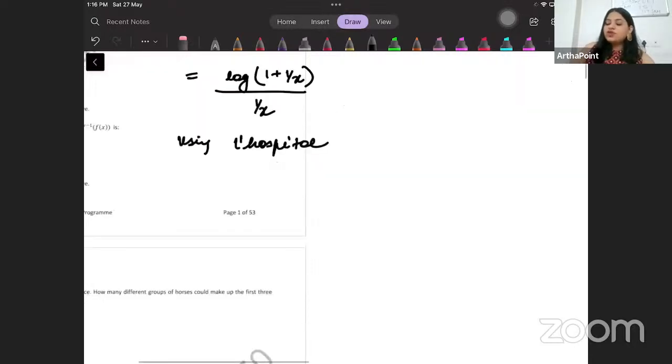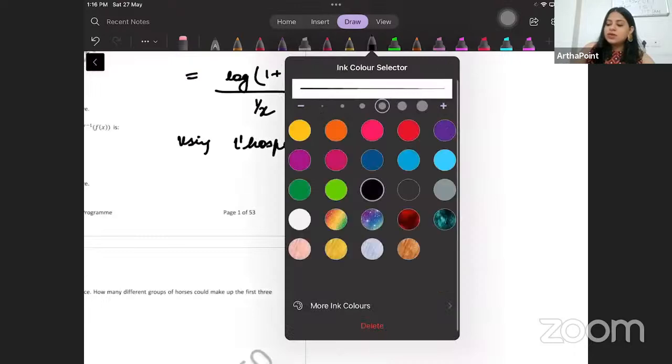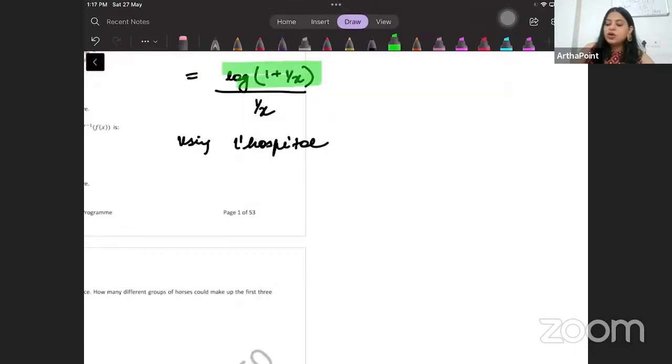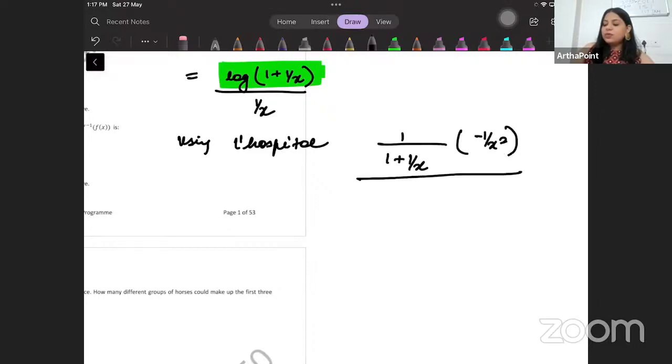When I differentiate the numerator, beta, what will I get? I will get 1 upon 1 + 1/x, and differentiation of 1/x will be minus 1/x^2, and the denominator will be minus 1/x^2, right? Differentiation of 1/x will be minus 1/x^2.